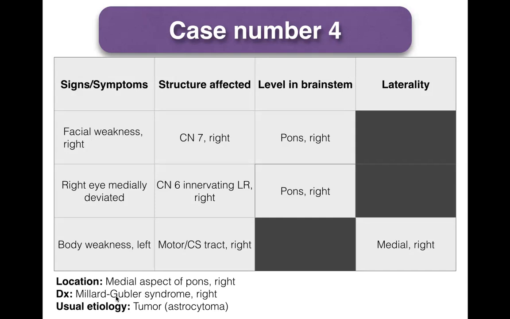It could be due to occlusion of an artery, but oftentimes Millard-Gubler syndrome is due to a tumor, an astrocytoma. Usually the population affected are young children, pediatric patients. So if you notice in this sample case, the patient was a young child.